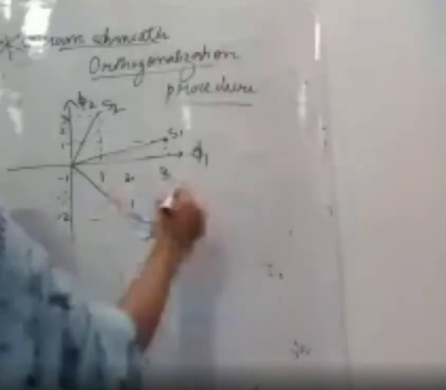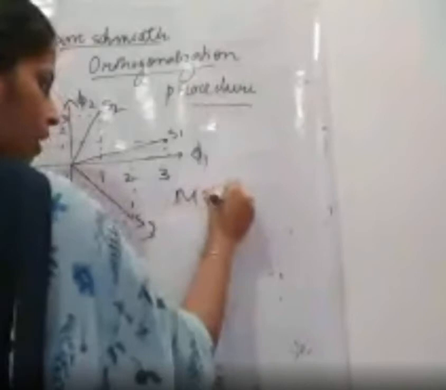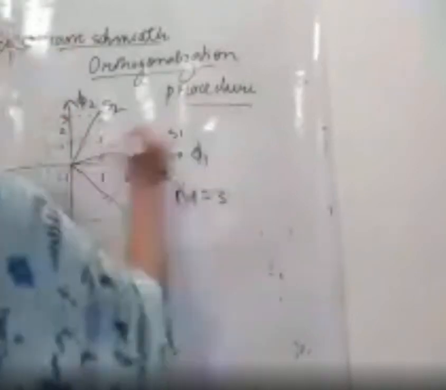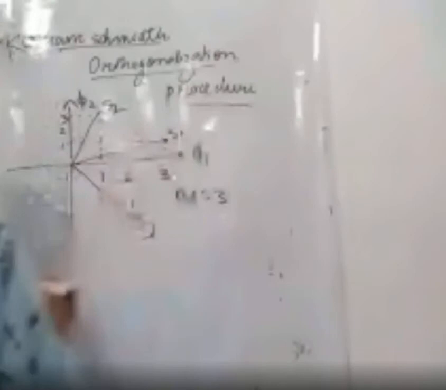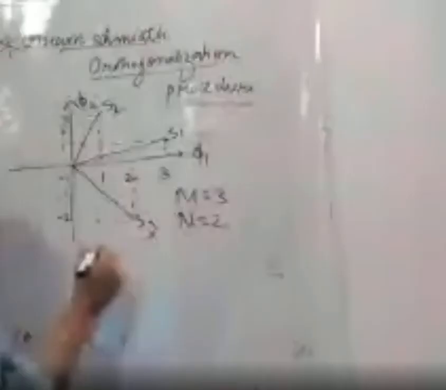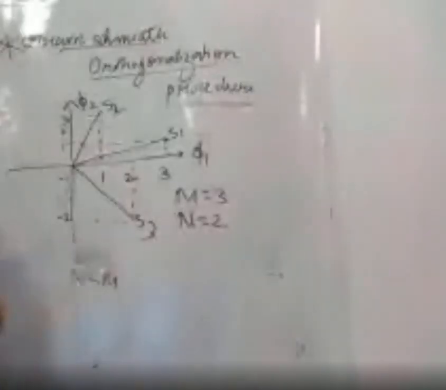Here number of signals, we know, is m equal to 3. Since we have two axes, n equal to 2. So therefore we can say that 2 is less than 3. That is n is less than m.